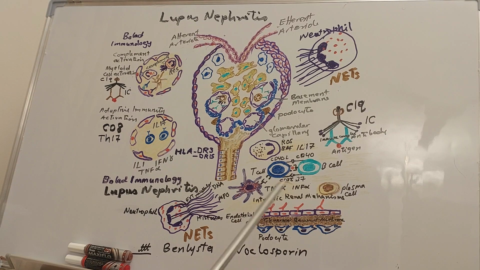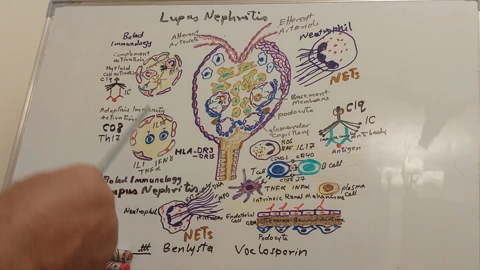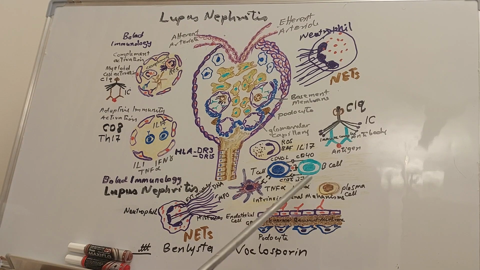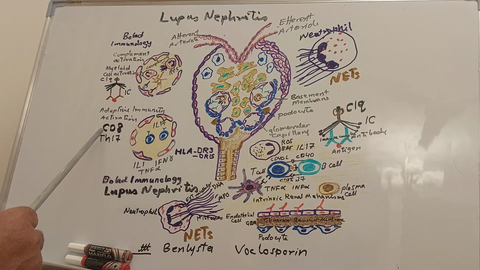So this inflammatory area leads to recruitment of more cells. For example, we have B cells, T cells, dendritic cells, and also we have CD8 and T helper 17 T cells.